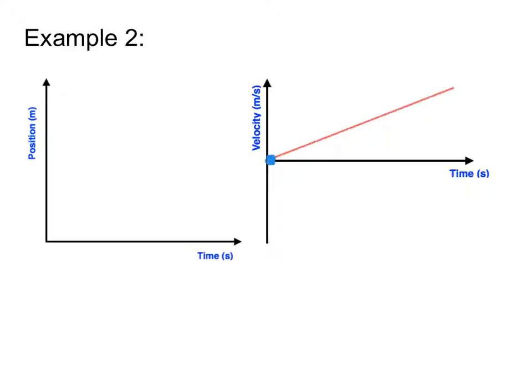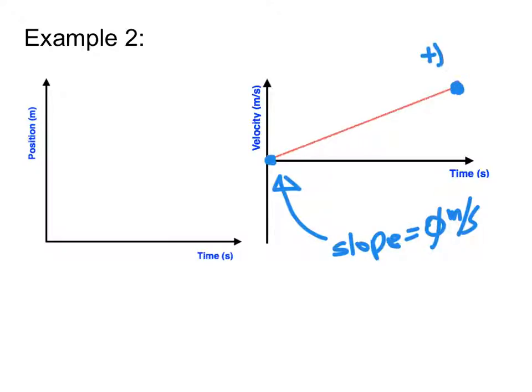First up, we've got a velocity of 0. So again, that means the first line should have a slope of 0 meters per second. And then we've also got a positive velocity, so that means it should be steep. The tangent line has to be steep and it has to be positive. Which direction is it moving?